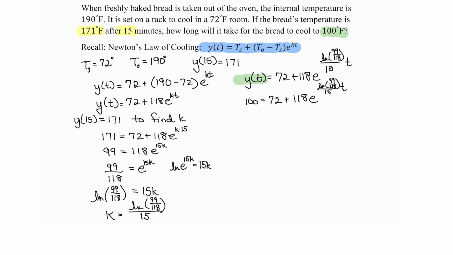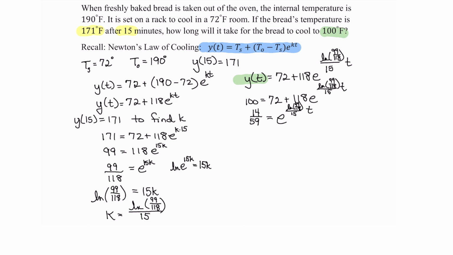Subtract 72 from both sides, and then divide both sides by 118 and simplify, and you'll get 14 over 59 is equal to e to the natural log of 99 over 118 divided by 15 t.